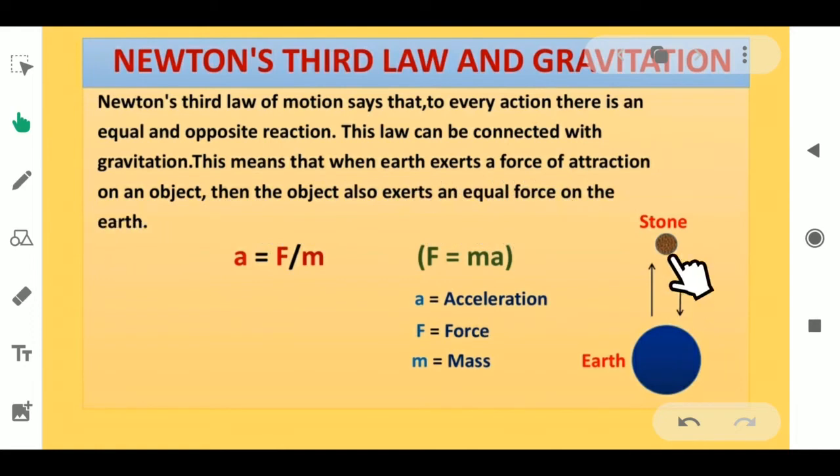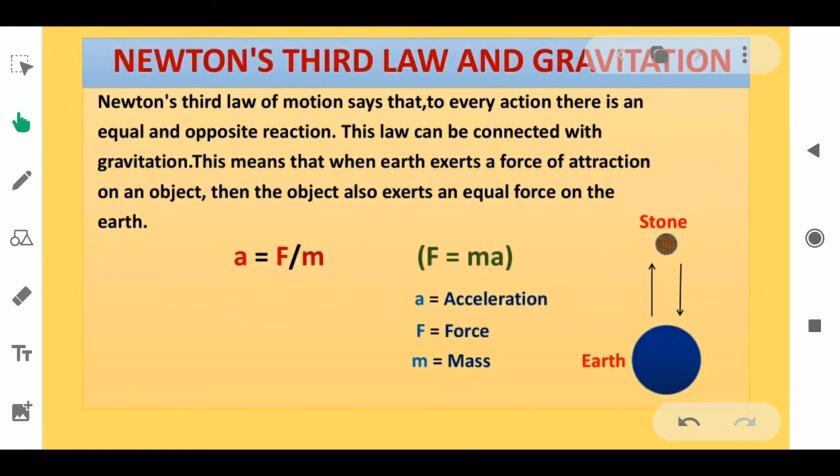So you just consider this example, a stone and earth. You are just releasing a stone from a particular height. Here you can see that the stone is moving towards the earth. Why? Because of the gravitational force provided by the earth, attracting this stone towards its center. Therefore, the stone is moving towards the earth.